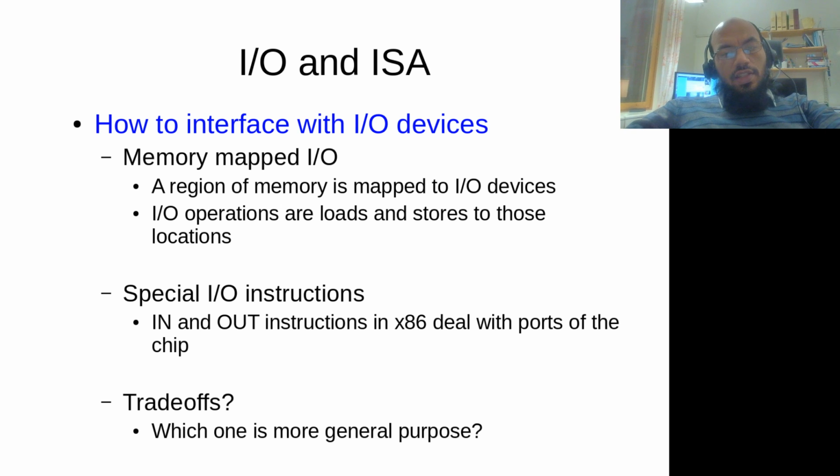In x86, for example, you have special I/O instructions for dealing with I/O devices. They're the in and out instructions, and they deal with some ports on the chips. So you do not need to talk to it as memory, but you rather use the I/O instructions.